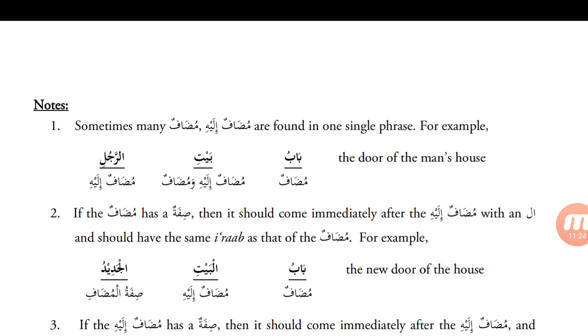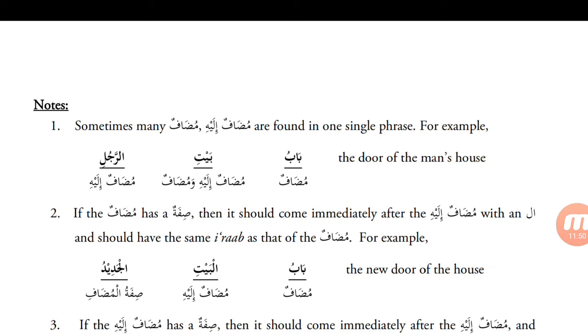Bayti is mudaf ilay, and it is also mudaf for the next word, which is ar-rajul. So Babu is mudaf, bayti is mudaf ilayh, and it is also mudaf, and ar-rajul is mudaf ilayh.